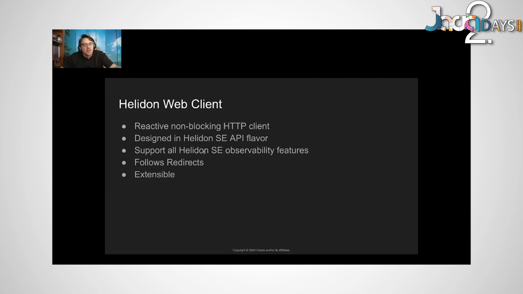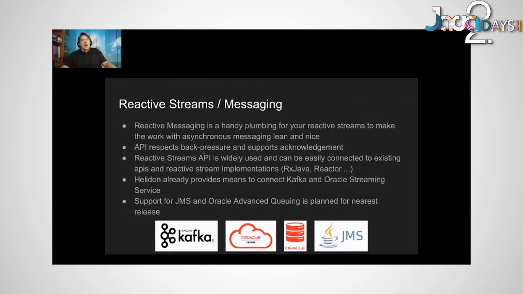And reactive and streaming is also a cool part because we now have our own implementation of reactive streams. We are just using the interfaces coming from Java 9+, but we are still able to connect to existing implementations like Reactor or RxJava.